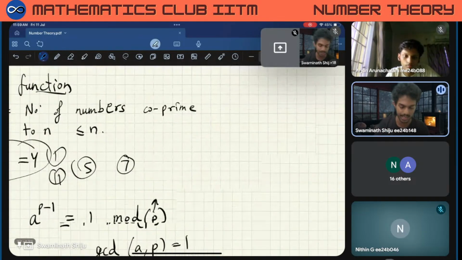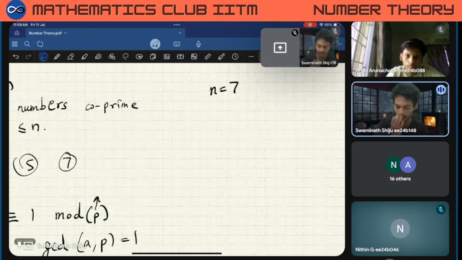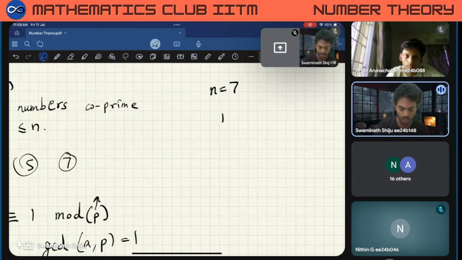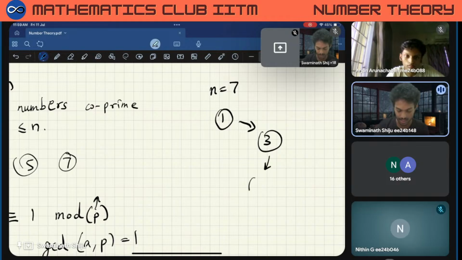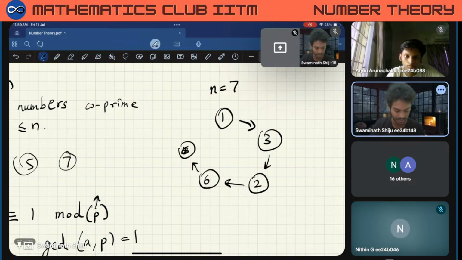We start with Fermat's little theorem. Consider n equals 7. Say I took 1 and kept multiplying by 3 modulo 7. That will become 3. Then we'll go to 9, which is 2 again. 2 becomes 6. 6 times 3 is 18, which is 4.